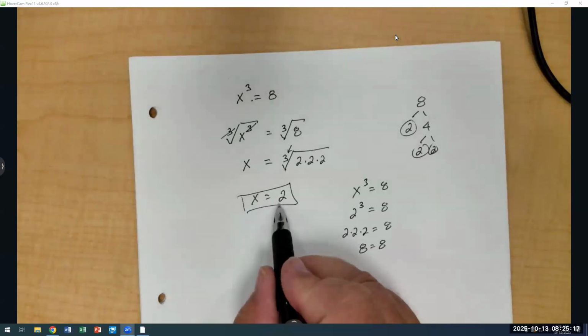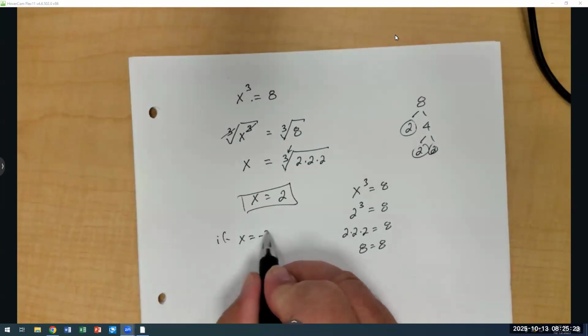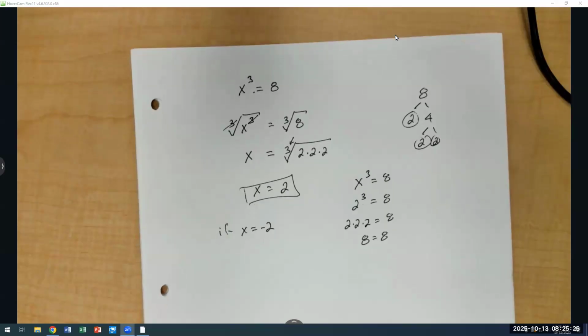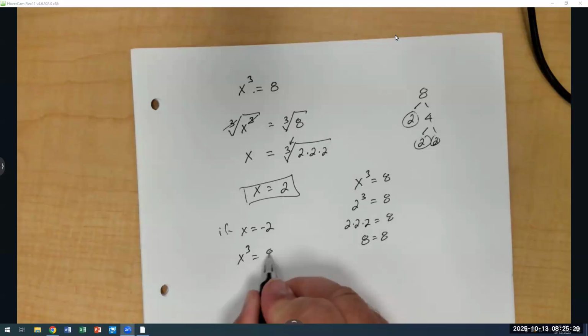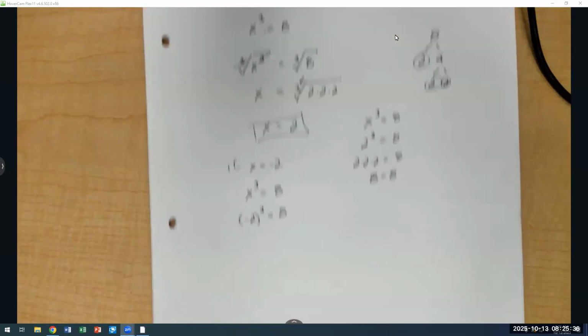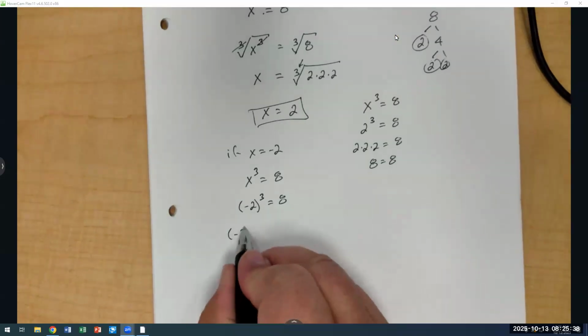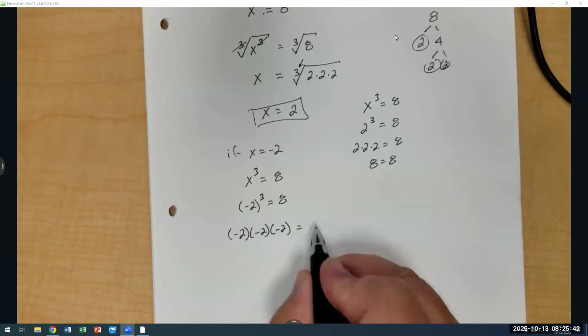Is it a plus or minus 2? No, because if we put X equals -2, then X cubed equals 8 would not work. -2 cubed is -2 times -2 times -2.